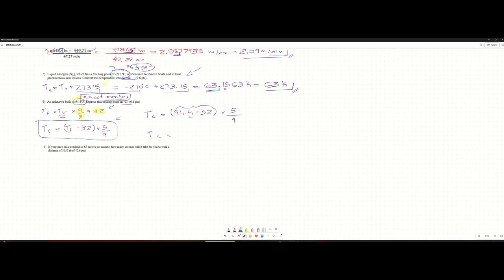And this is an exact number, so I don't count this, but here I have one decimal. Right? So I have 62.4 times 5 divided by 9.